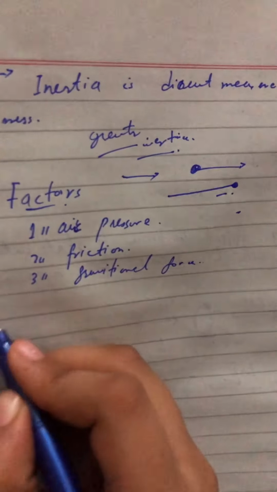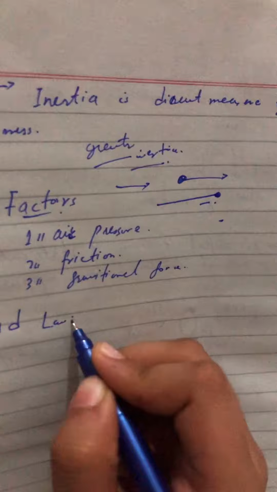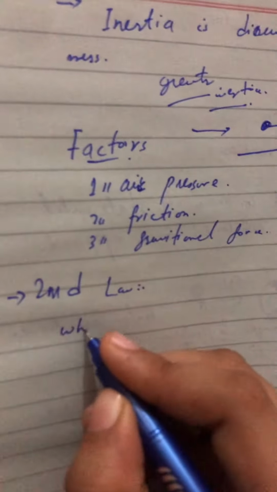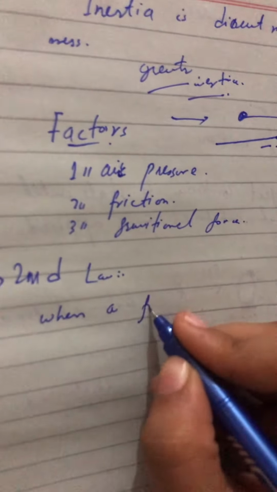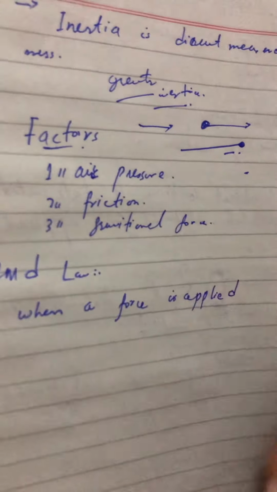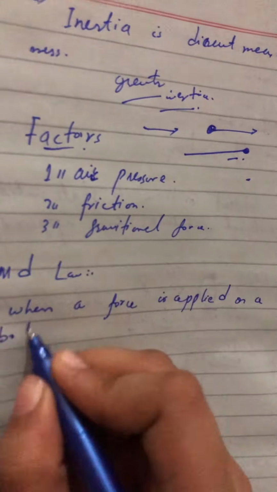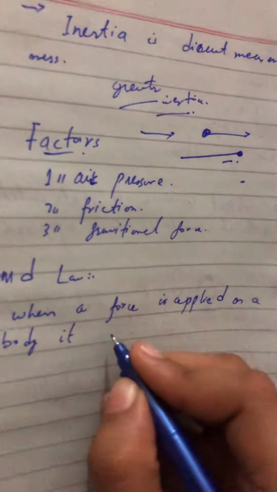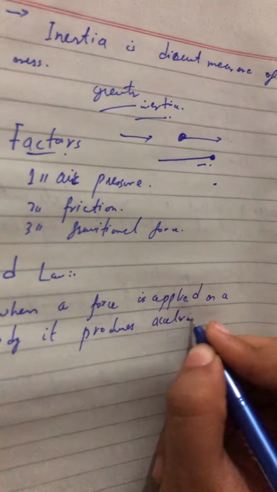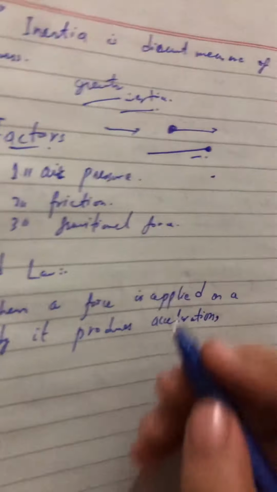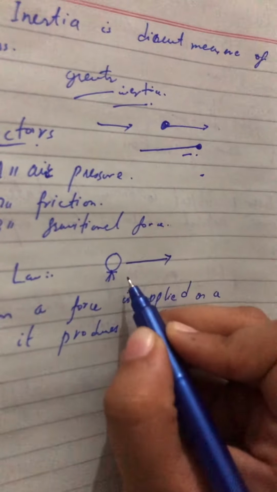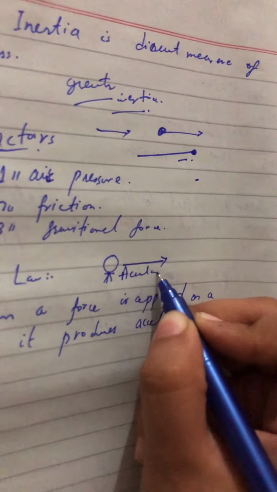After that, the second law of motion. Basically it states that when a force is applied on a body, it produces acceleration. For example, this is one body that is moving from here to here, so obviously it will produce acceleration.